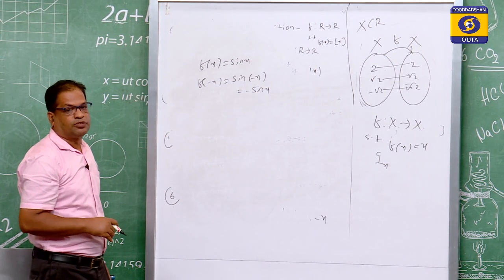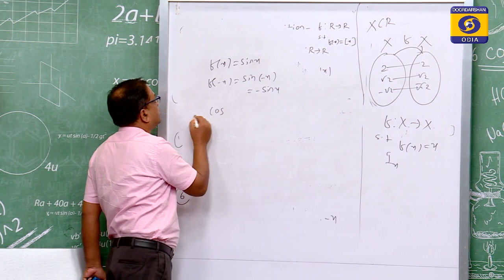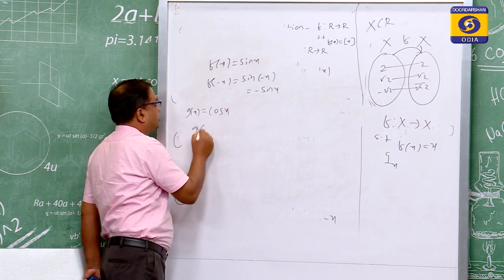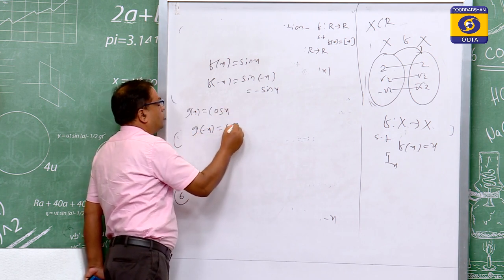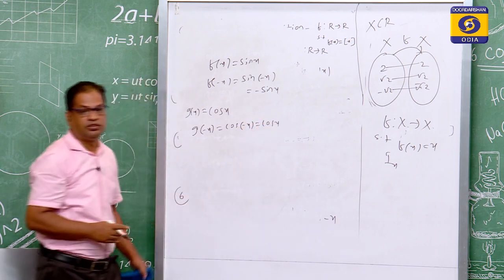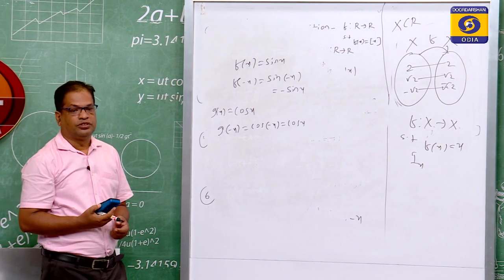Similarly, you can test for others. Suppose g of x is equal to cos x. So, g of minus x is equal to cos of minus x, and you know that cos of minus x is equal to cos x. So, these are even functions.